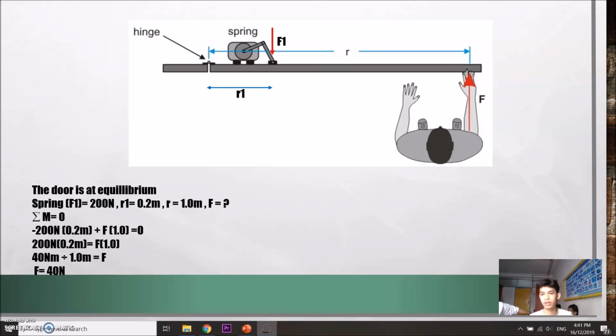This can be shown with the spring force F1 of 200 Newton and R1 of 0.2 meter. The total moment is 0 because the door is at equilibrium.